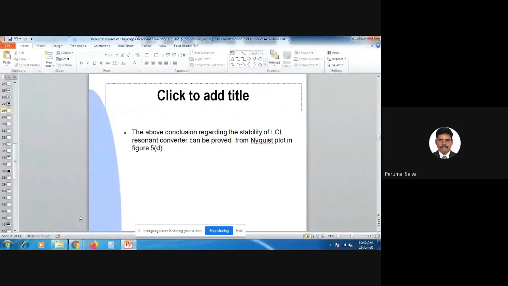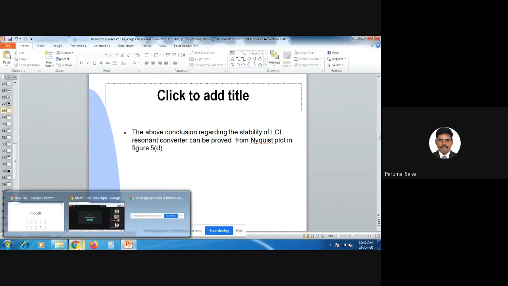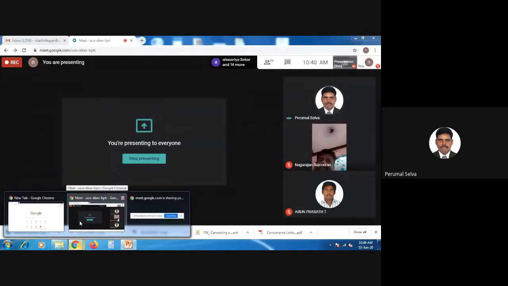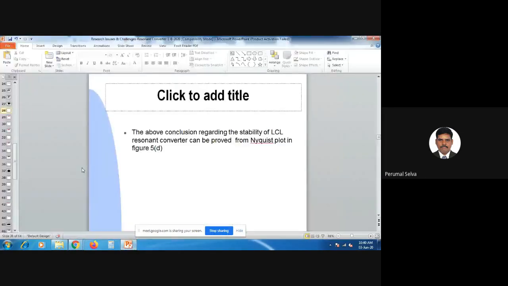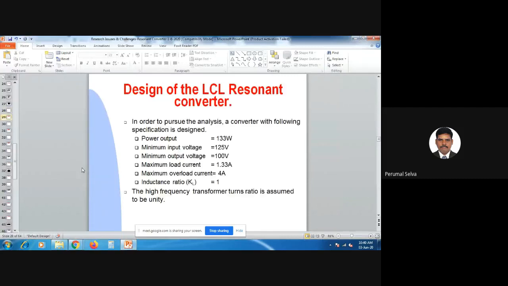Stability analysis of FLC and of the FLC based LCL resonant converter are briefly discussed in the next session. So next slide, sir.